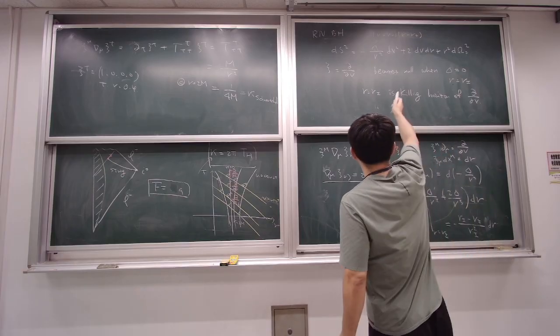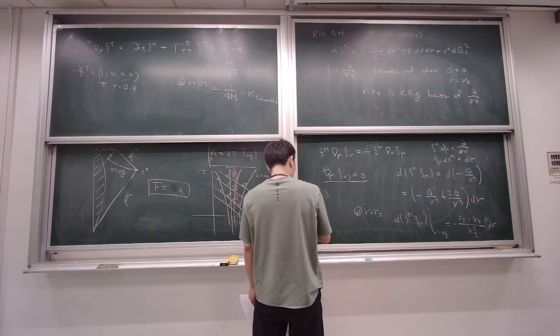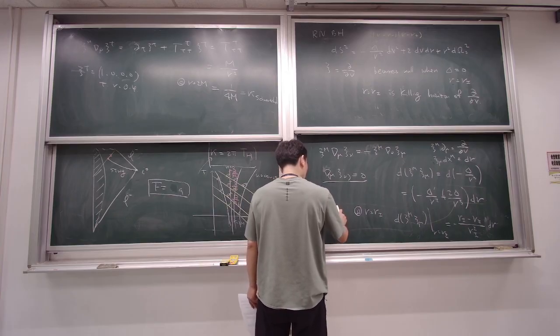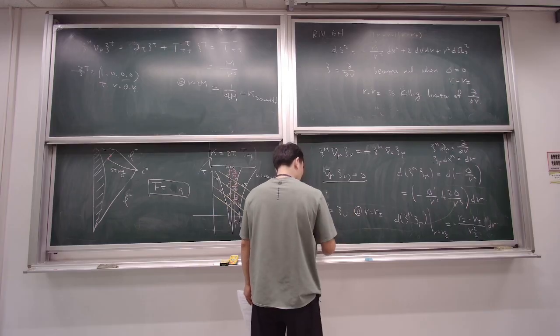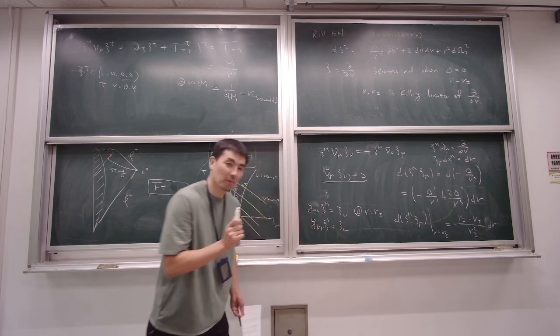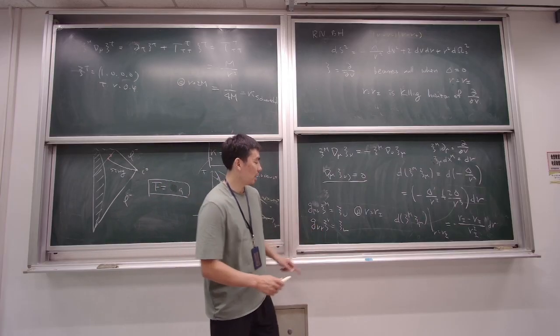That's the case. Sorry, g mu nu Xi mu is equal to Xi nu, right? And we know this is only the B part, so therefore g_BR is non-trivial at the horizon, right?